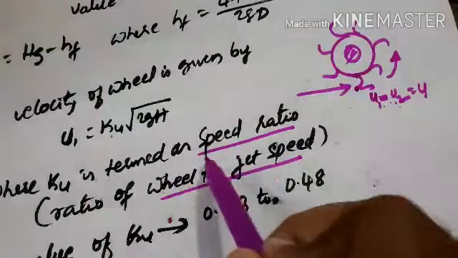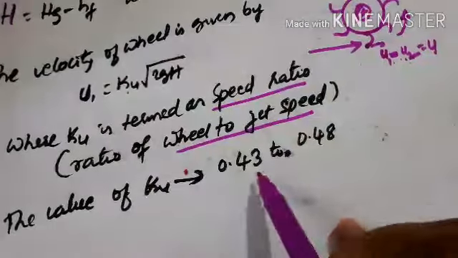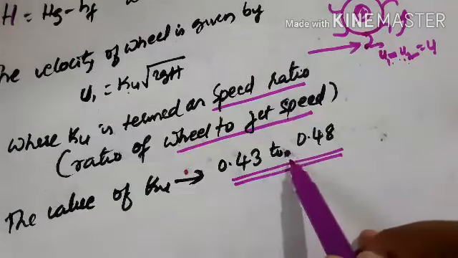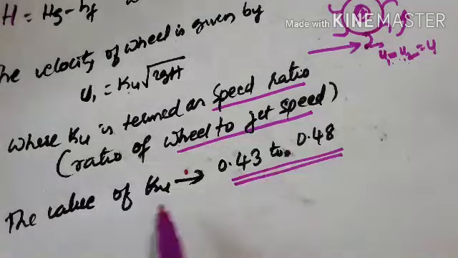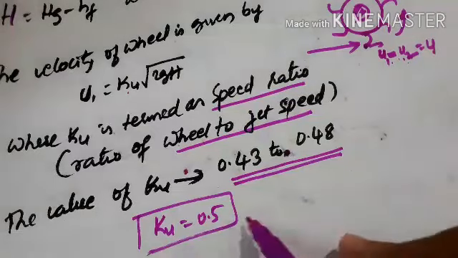Here ku is termed the speed ratio of wheel to jet speed. Practically the value of ku is 0.43 to 0.48, but theoretically the value we get is 0.5.